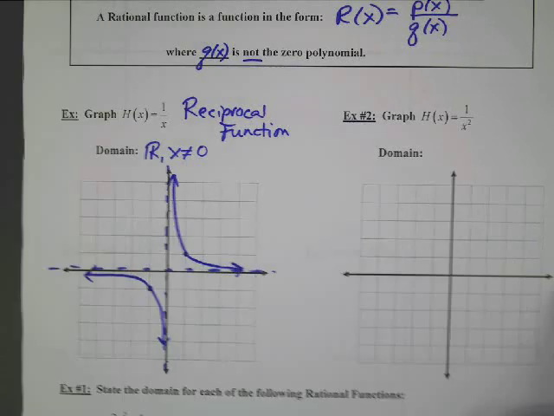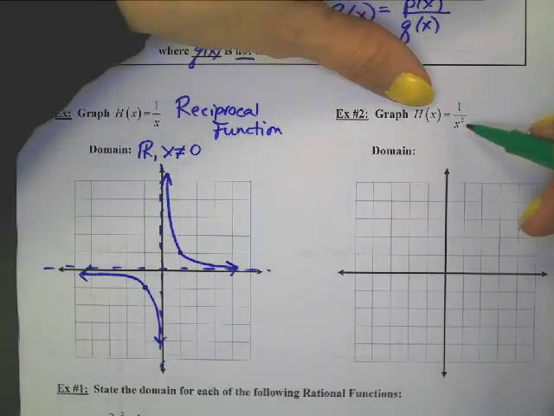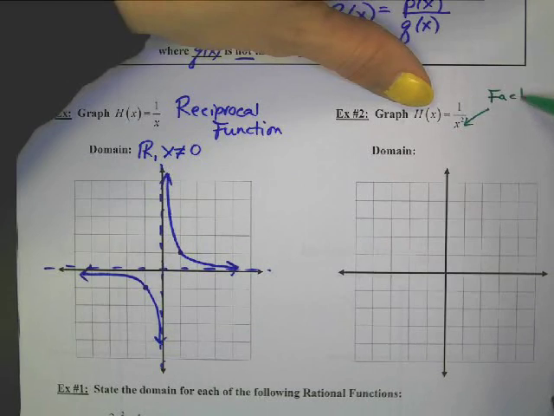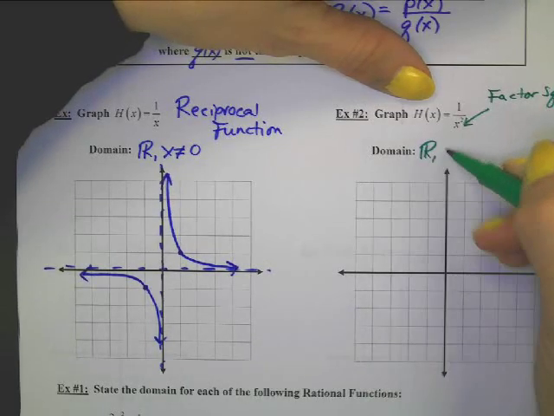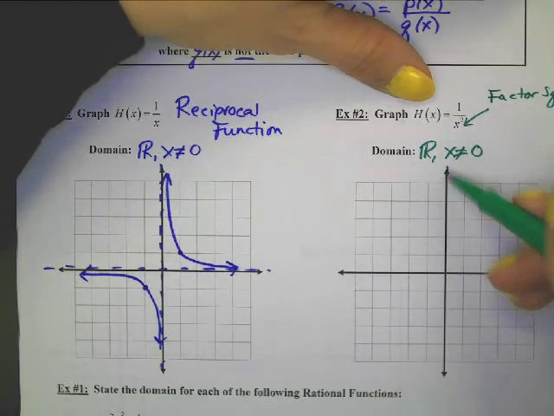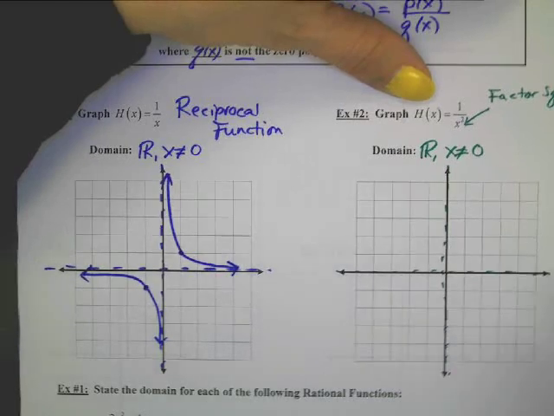We're also going to take a look at graphs like this that are reciprocal of functions, but there's a factor down here squared. So we're just going to write a note right here. The factor is squared. So something different is going to happen. The domain is all reals except you cannot be, well, still 0. So he still has his asymptote on the y-axis, and you still have 1 on the x-axis.